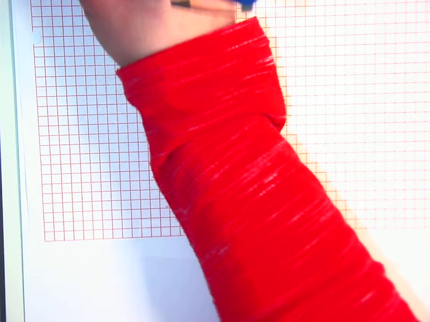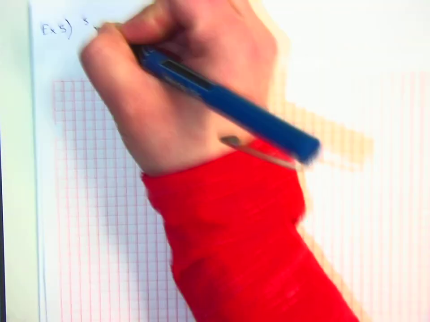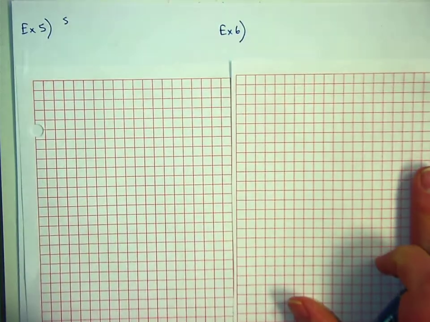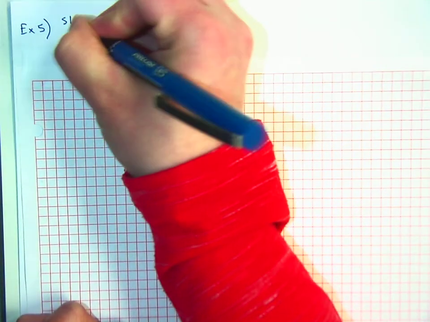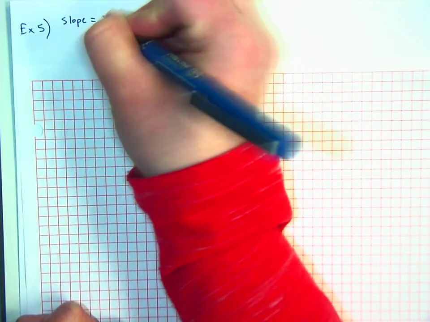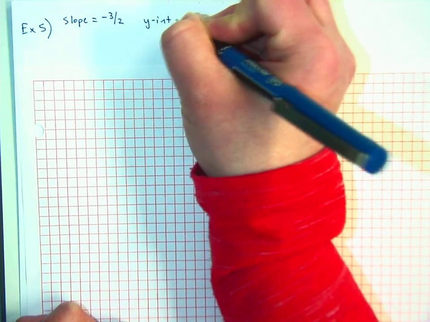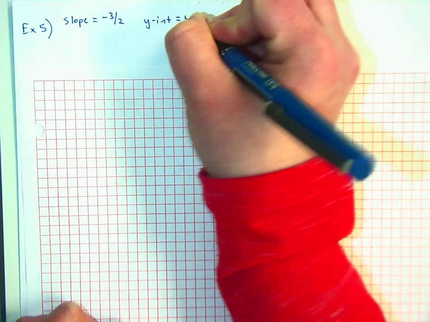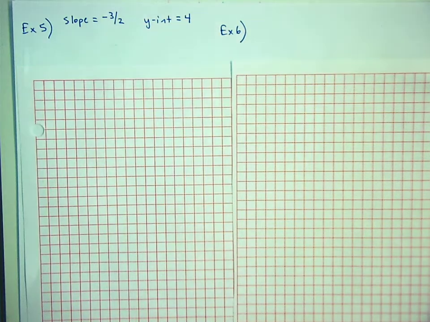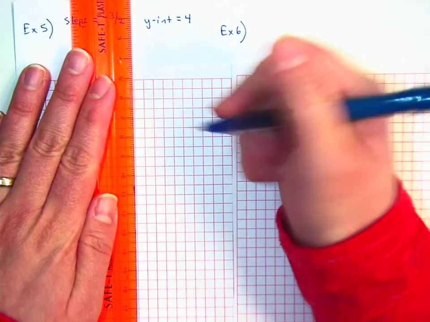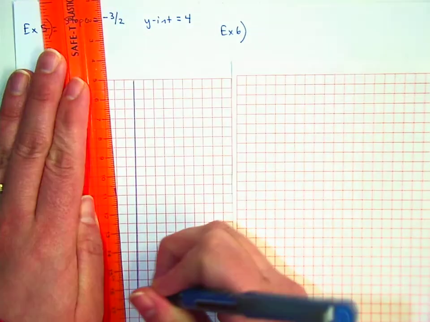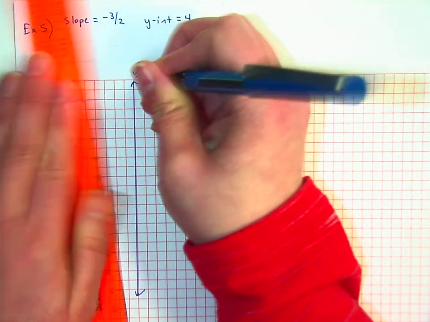All right, so for example 5, we've got a slope of negative 3/2 and a y-intercept of 4. So we're going to try to do this one. Okay, so I'm going to make some axes. That's y.